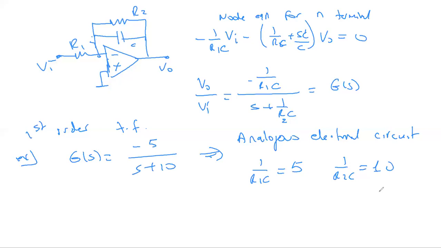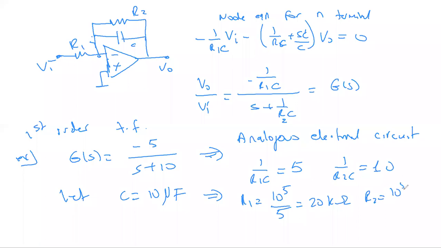So how can we find 3 parameters to satisfy these equations? We can say let C be, let's say, 10 microfarad, a typical value designed to be used by the practical op-amps, and then apply this into the equation. So R1 is equal to 10 to the power of 5 over 5, which is equal to 20 kilo ohm, and R2 will be equal to 10 to the power 5 over 10, which is equal to 10K.